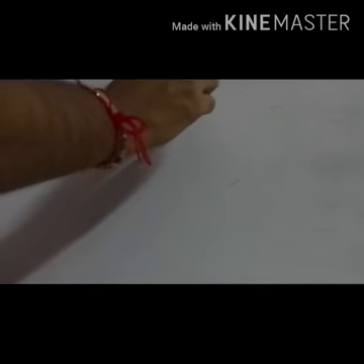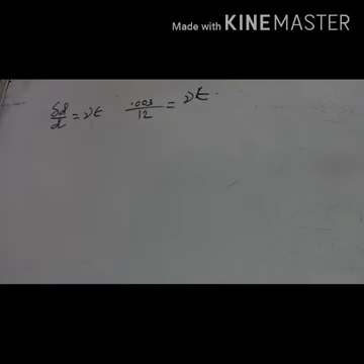Here delta D, the change in diameter, is given as 0.003. So write down here 0.003 divided by 12, the original diameter, is equal to nu epsilon.